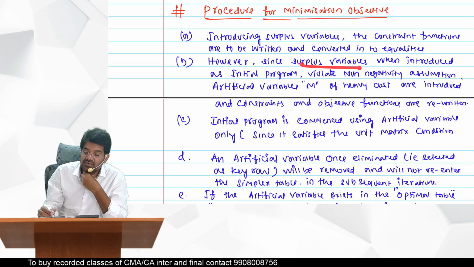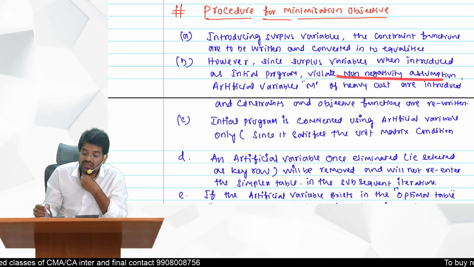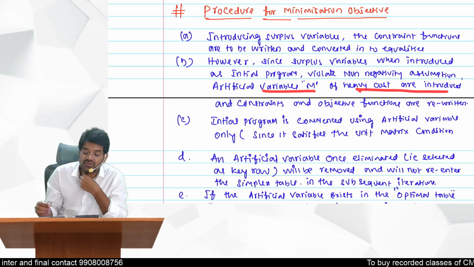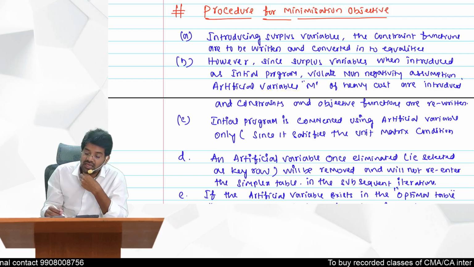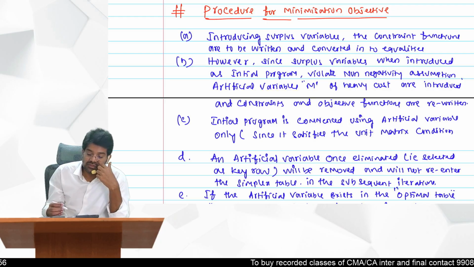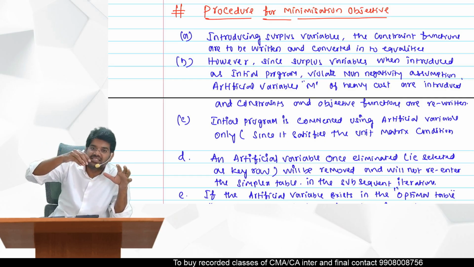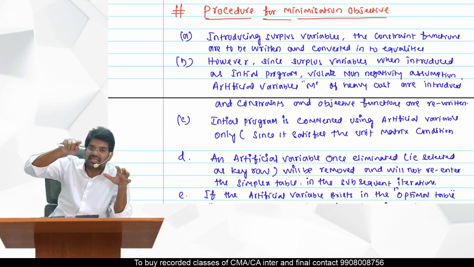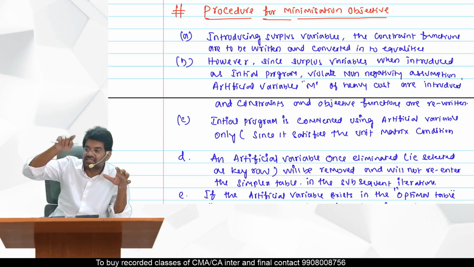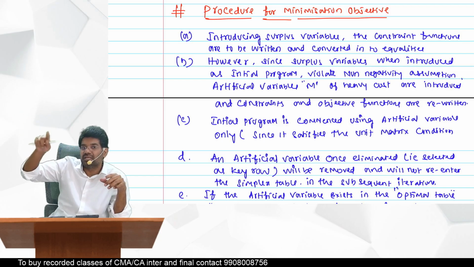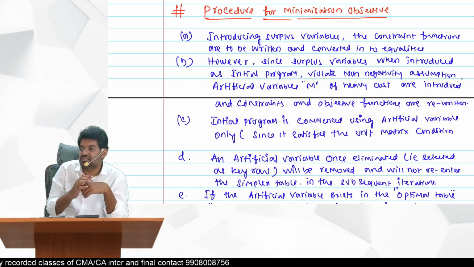However, since surplus variables introduced as the initial program violate the non-negativity assumption, artificial variables with heavy costs M are introduced, and constraints and objective functions are rewritten. So I told you, we should present the standard form. In the constraints, you introduce minus surplus variable, then plus artificial variable in the constraint functions.